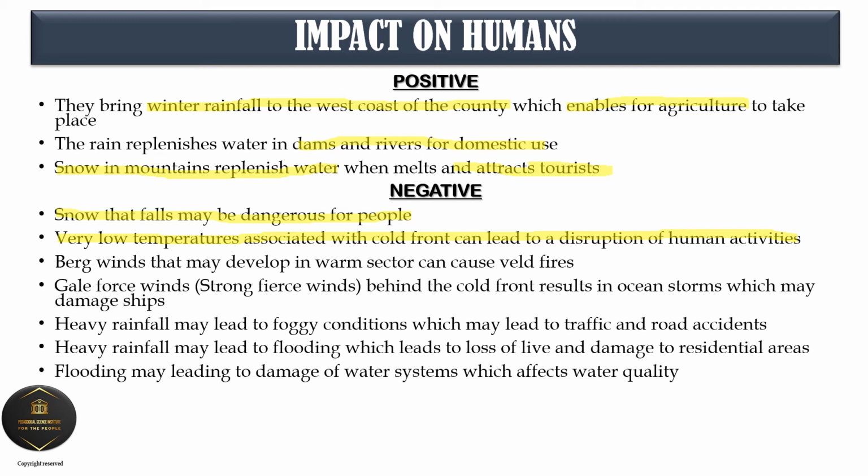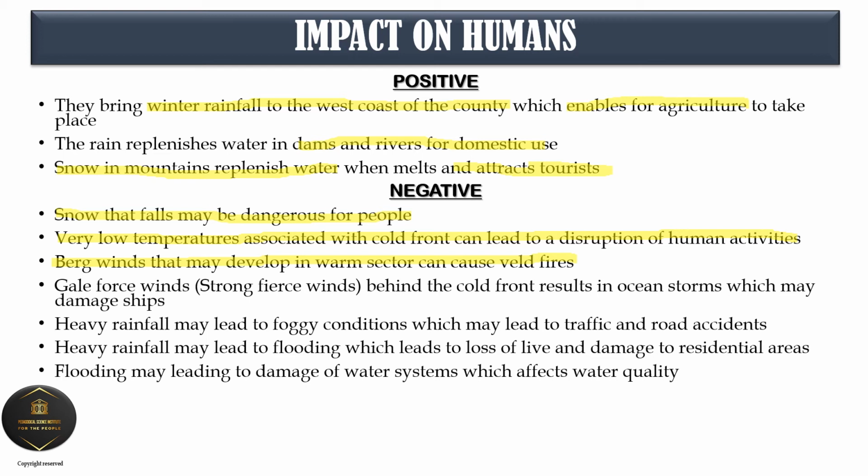So it may affect tourism negatively, and certain human activities as well. And again, we know that berg winds will occur before the system comes, so they may develop in the warm sector, which may cause veld fires, leading to damage of infrastructure and all of that.